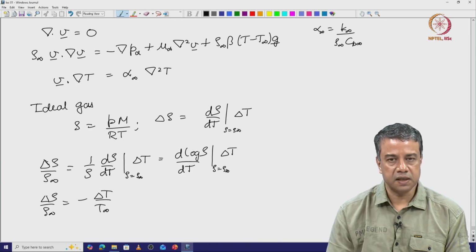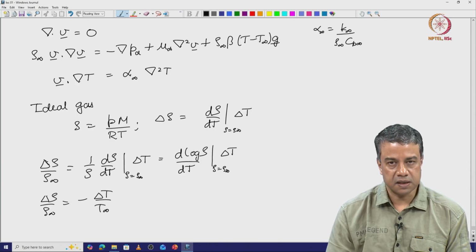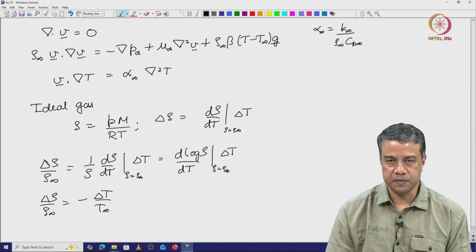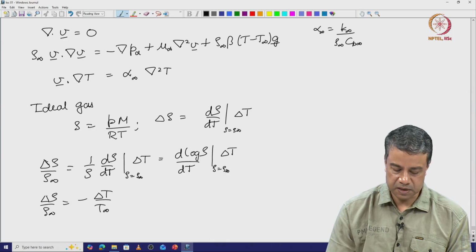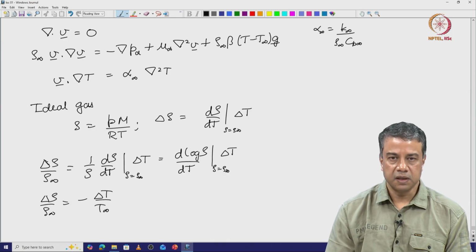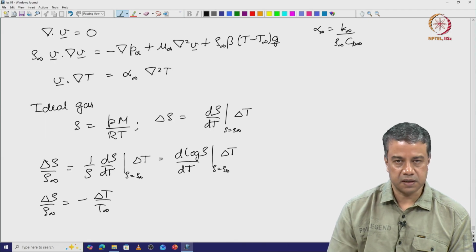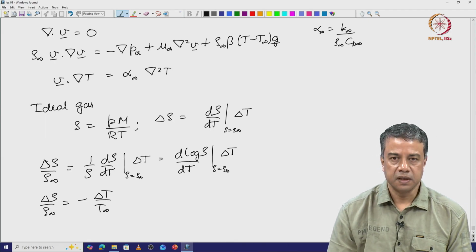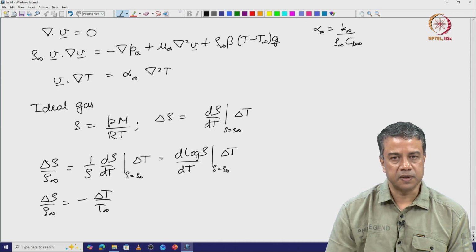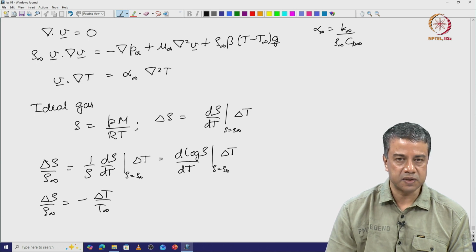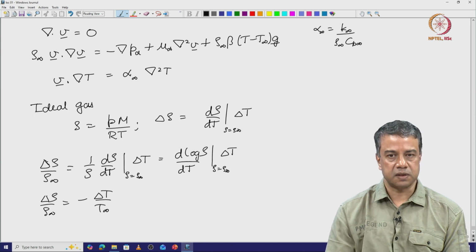So long as delta T, the difference in temperature between the object and the ambient, is much smaller than the absolute temperature in Kelvin, the change in density is much smaller than the absolute density.